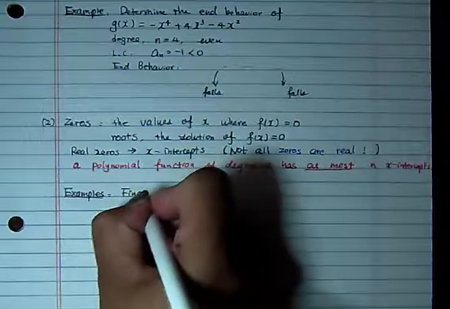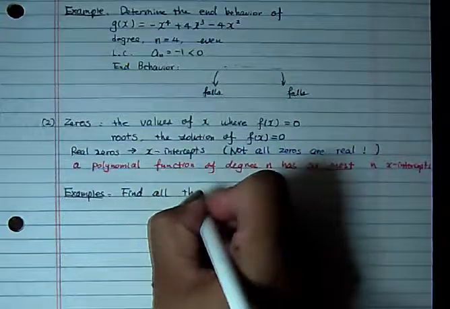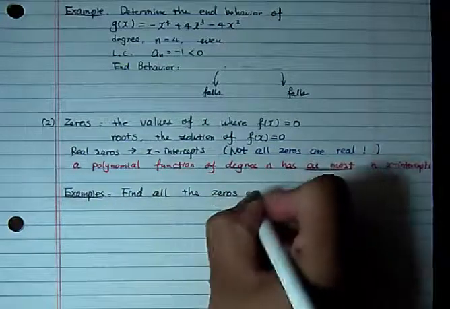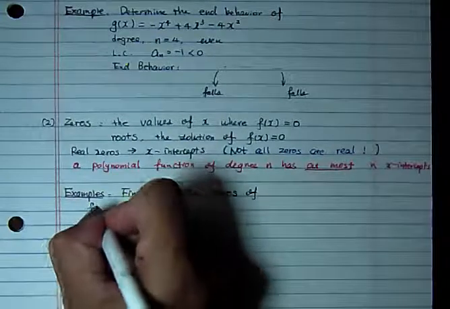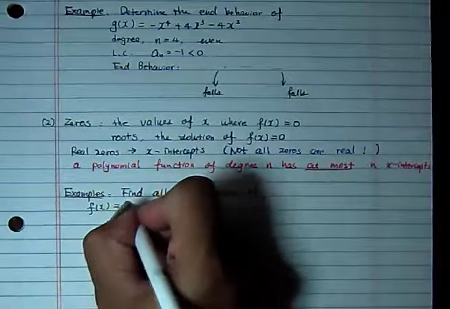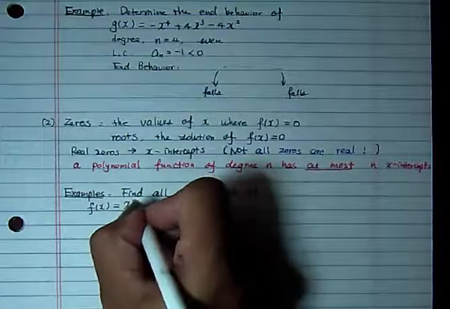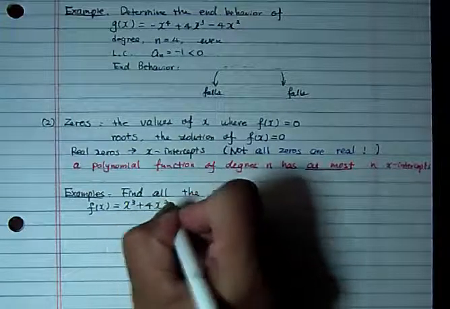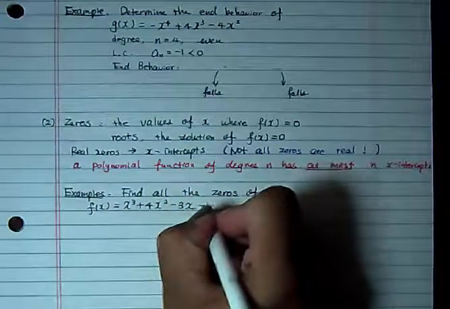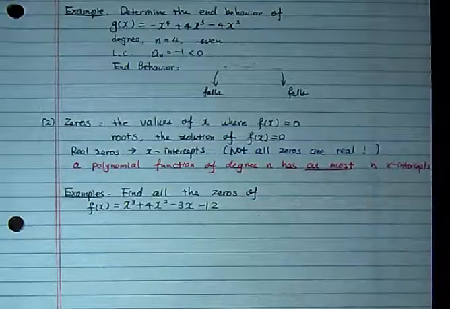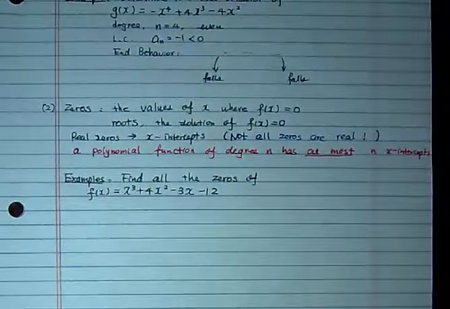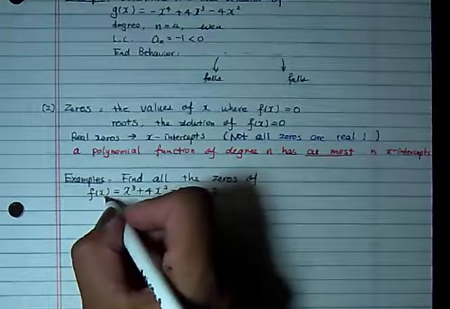Find all the zeros of f of x equals x cubed plus 4x squared minus 3x minus 12. To find the zeros, we ask when the output equals 0.